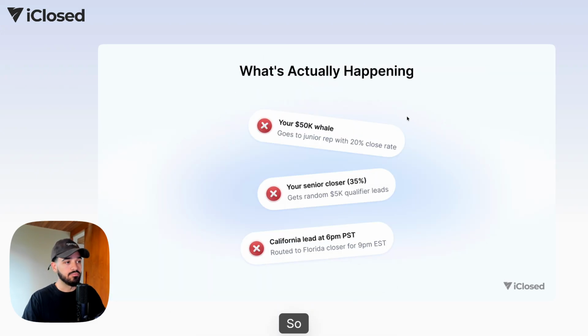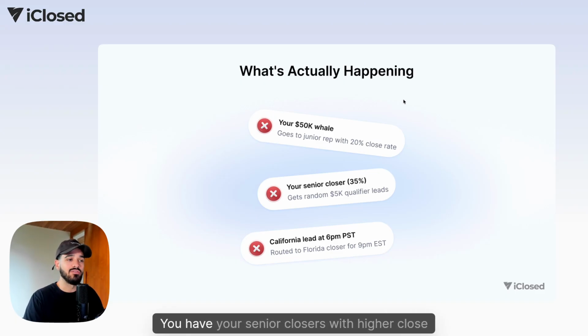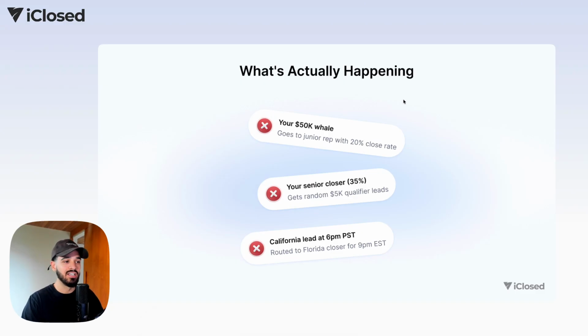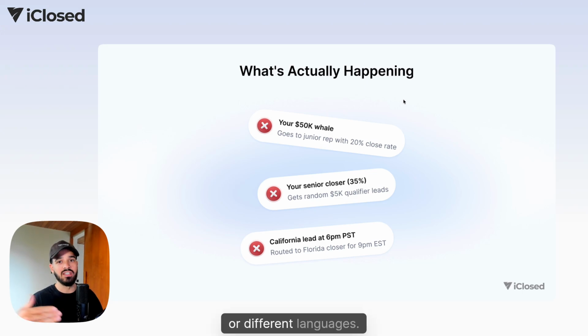person. So you have potentially 50K whales, or let's just say dream ideal clients, going to your junior reps with lower close rates. You have your senior closers with higher close rates getting, let's say, less qualified leads. And potentially you have a mismatch between closers working with leads in different time zones or different languages.